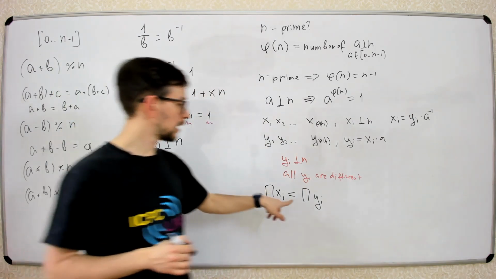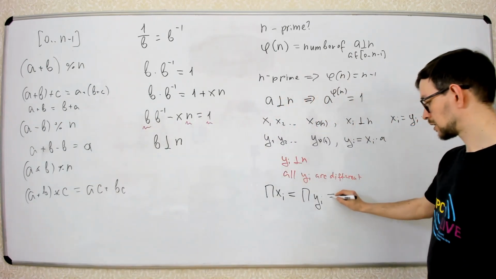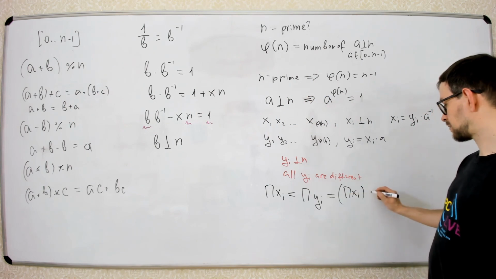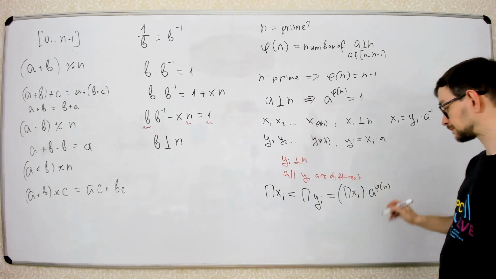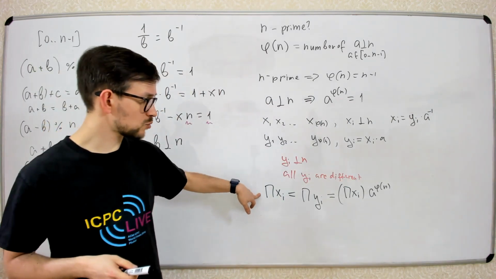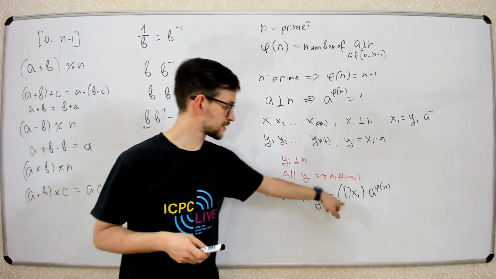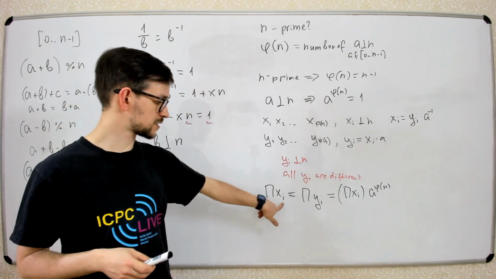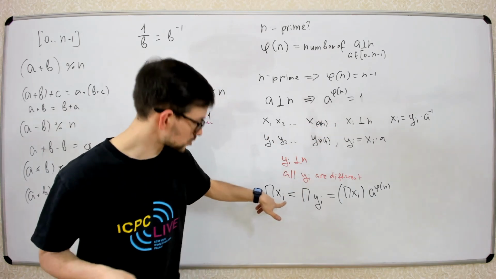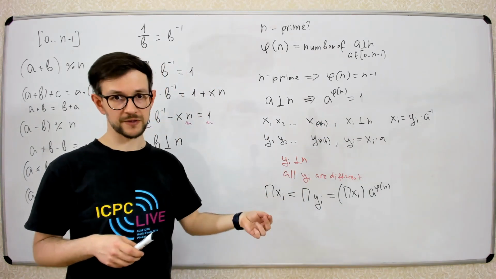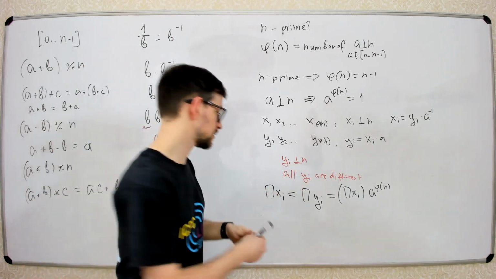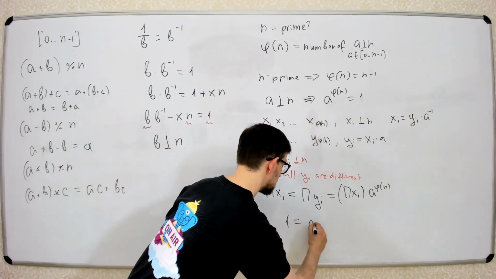And now the product over y is the product of everything in x multiplied by a in power of phi of n. In this equation we can just divide both sides by this product. Since it is a product of numbers coprime with n, it is also coprime with n. So we can divide by this product and see that 1 equals a to the power phi of n.